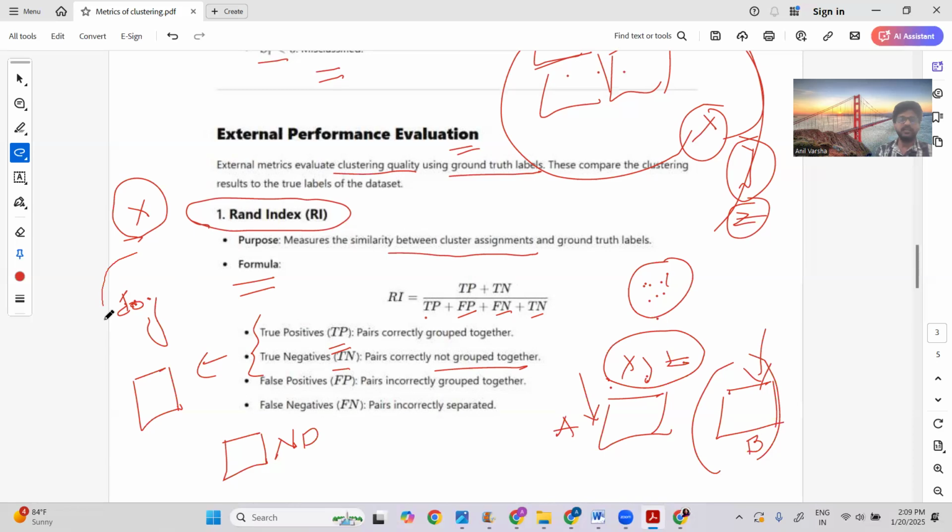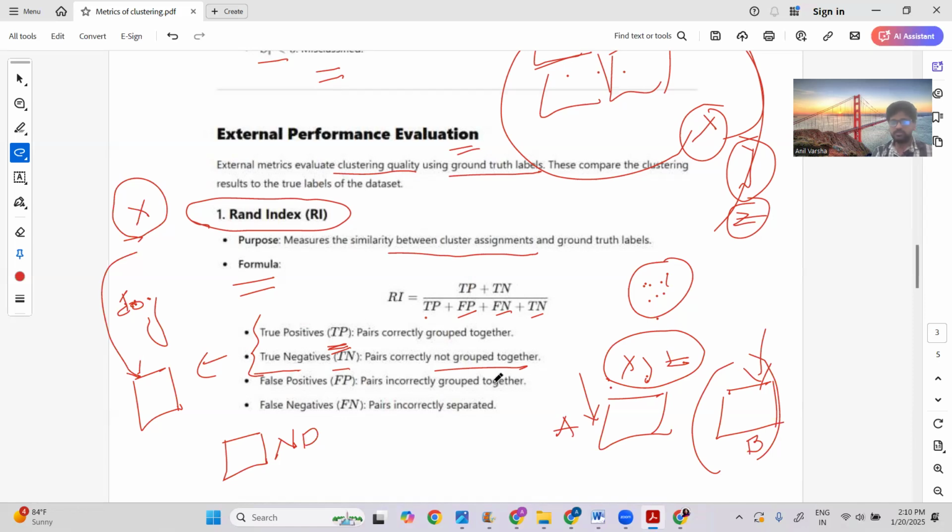When data point X is classified into dog, yes, it is true positive. Now observe X with respect to not dog. Of course, X is not a dog, so X will not be assigned to not dog. It's true negative. Pairs correctly not grouped together.